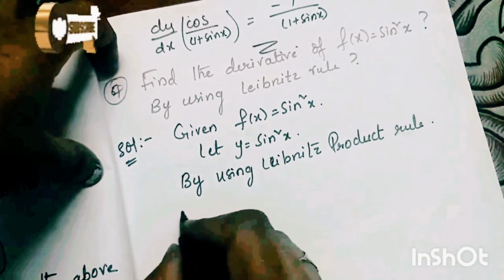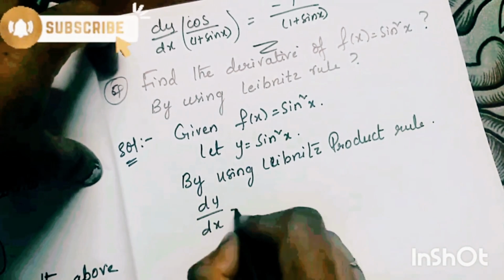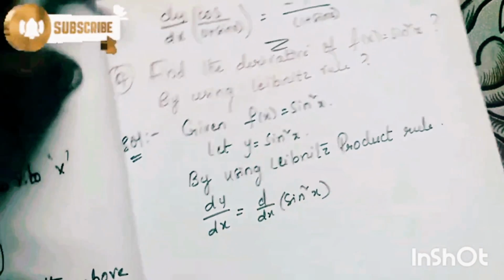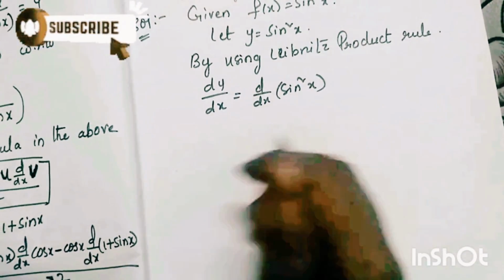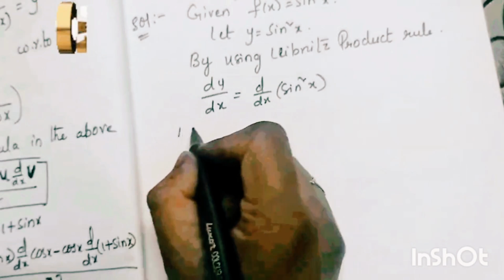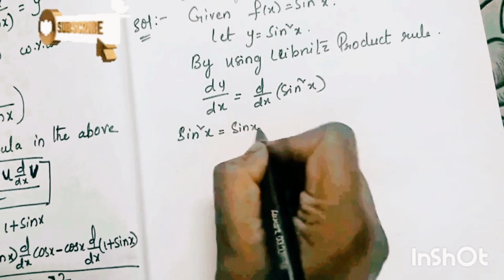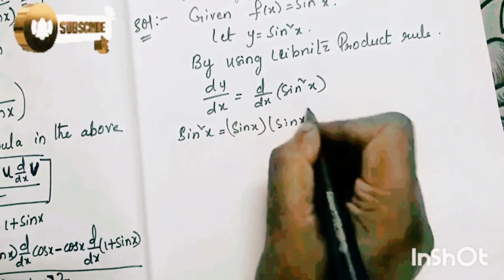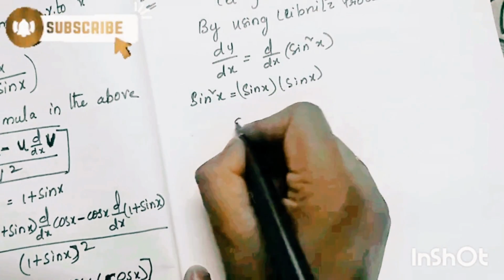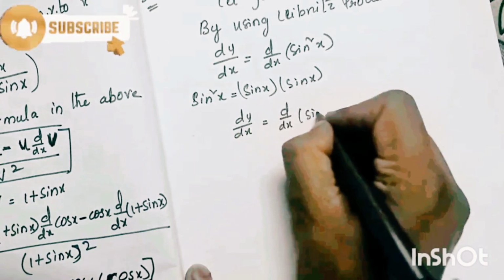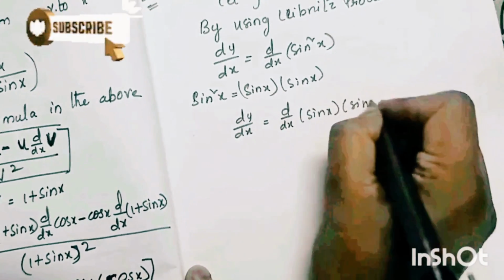We can write dy by dx equal to d by dx of sin square x. Sin square x is written as sin x into sin x. Now it becomes dy by dx equal to d by dx of sin x into sin x.